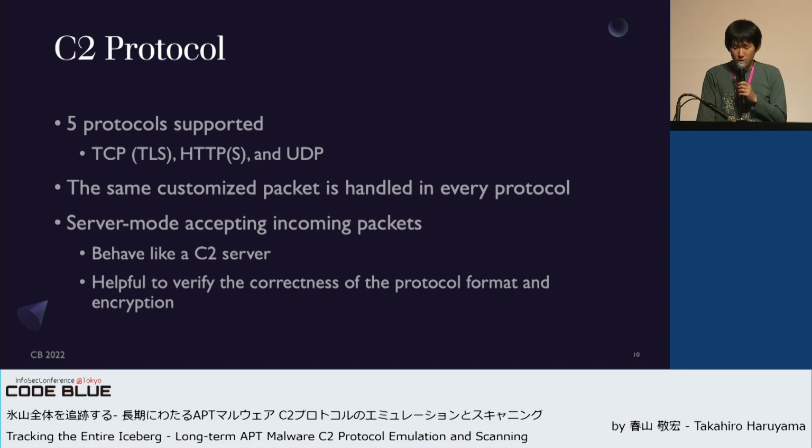As a unique point, this malware has a server mode accepting incoming packets. It behaves like a C2 server. This behavior was helpful to verify the correctness of the protocol format and encryption for the C2 scanner development.